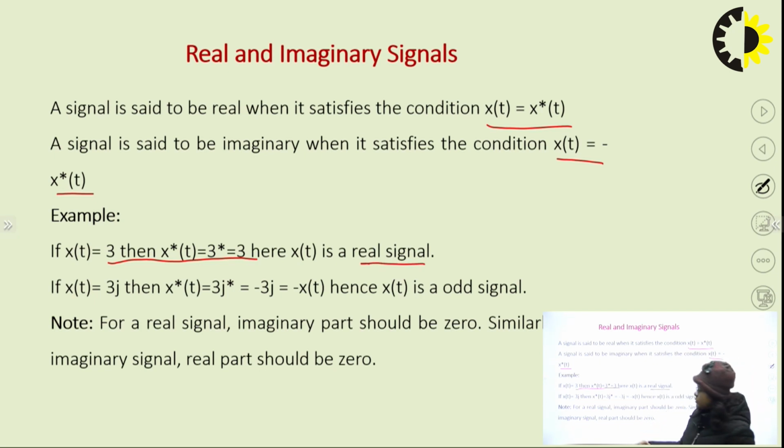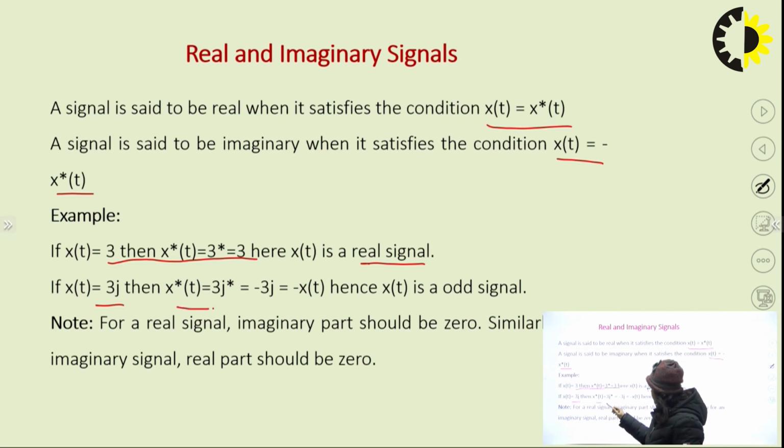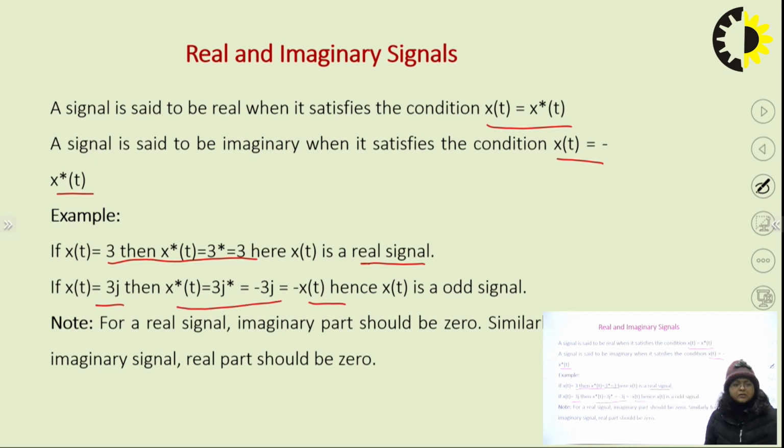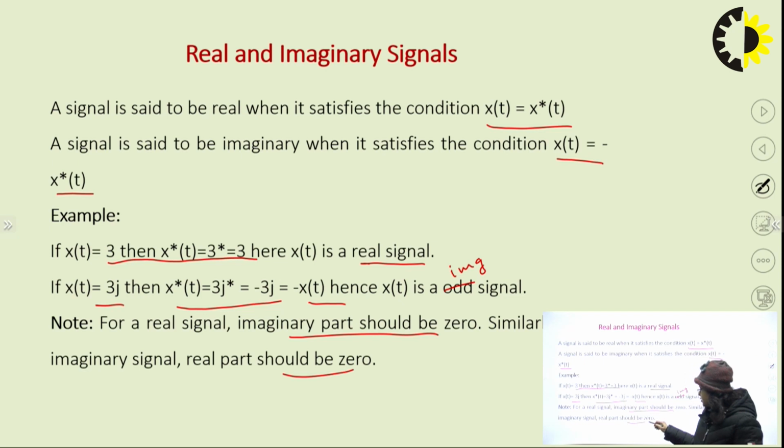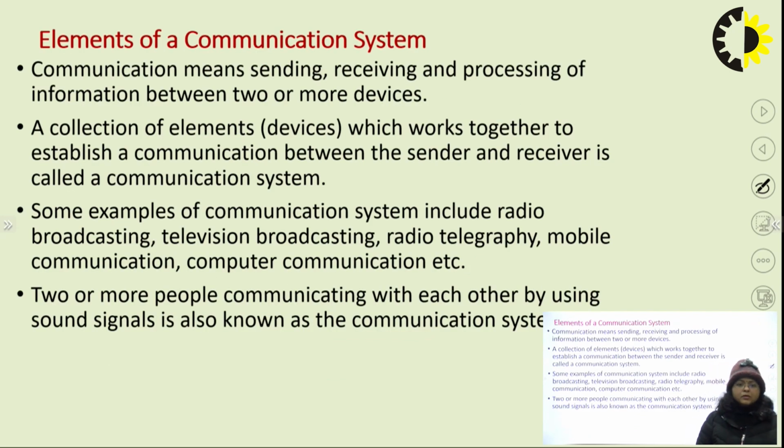And if x of t equals 3j, where j is the complex operator, then x conjugate t is equal to minus 3j, which is equal to minus x of t, and hence it is an imaginary signal. So for a real signal, the imaginary part is always 0, whereas for an imaginary signal, the real part is always 0. And a signal can be a mix of real plus imaginary signal. So these are the different types of signals.